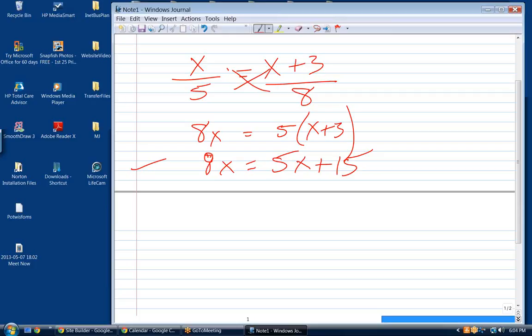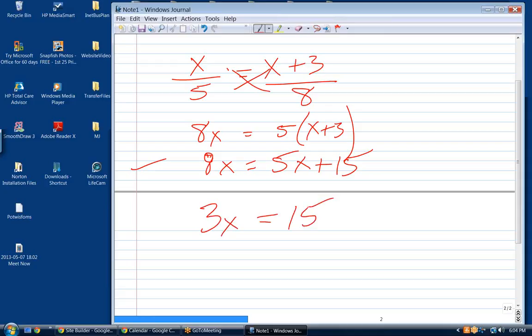Let's move the 5x to the left side of the equation. Well, when you move something to the other side of the equation, you change its sign. So this becomes 8x minus 5x. And then the final step is dividing by this coefficient, because our goal is to try to isolate x.